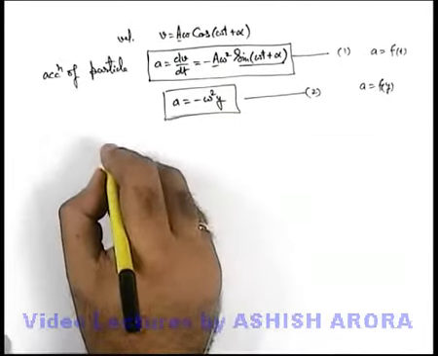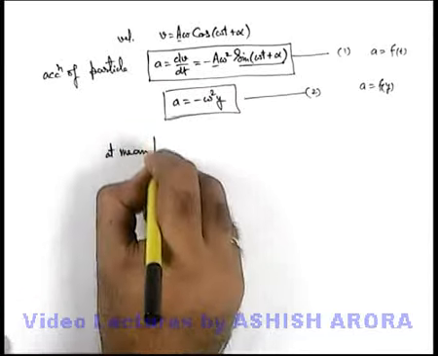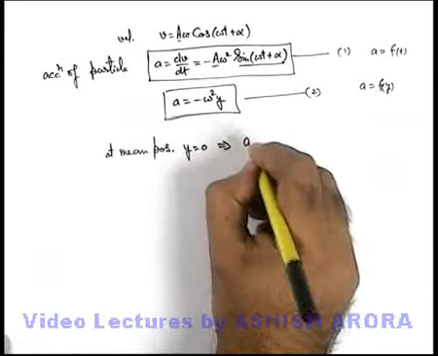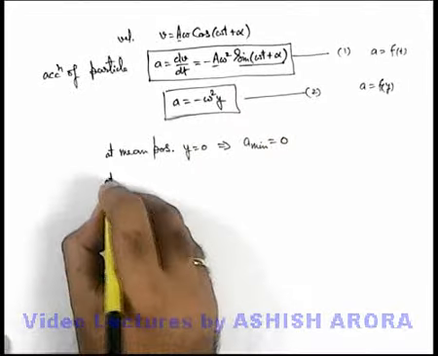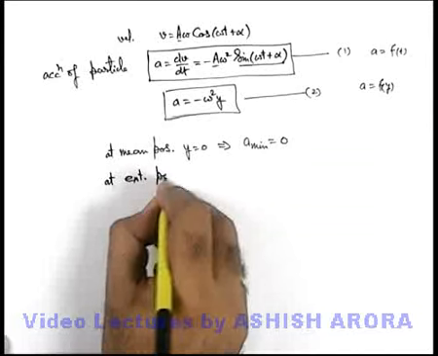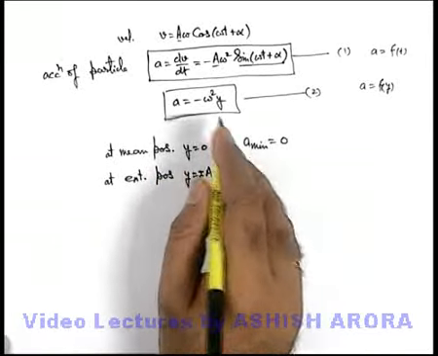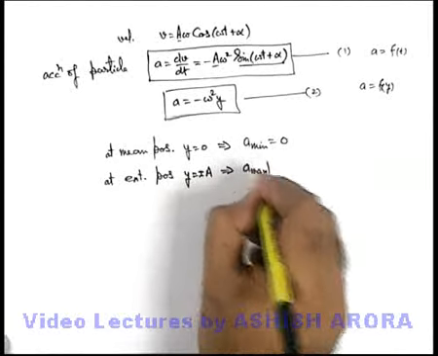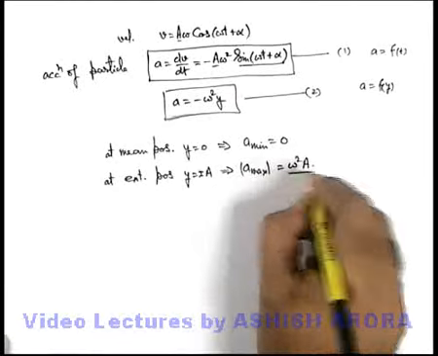From here we can also calculate that at the mean position y is equal to 0. This implies that the acceleration at the mean position is minimum, which is 0. And at the extreme position, y is plus minus a. On substituting this, the magnitude of maximum acceleration we get is omega square a. So just keep it in mind.